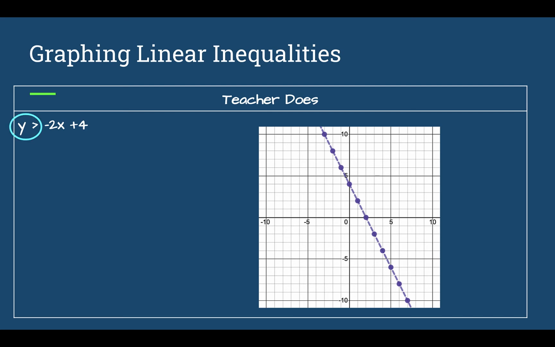If we come across that, greater numbers are above, so we need to shade above the line. Sometimes your lines are a little difficult to tell if it's above. Draw an arrow straight up from any point on the line. Eventually, you'll be able to figure out where it needs to be. So this would be the graph of our inequality, y is greater than negative 2x plus 4.